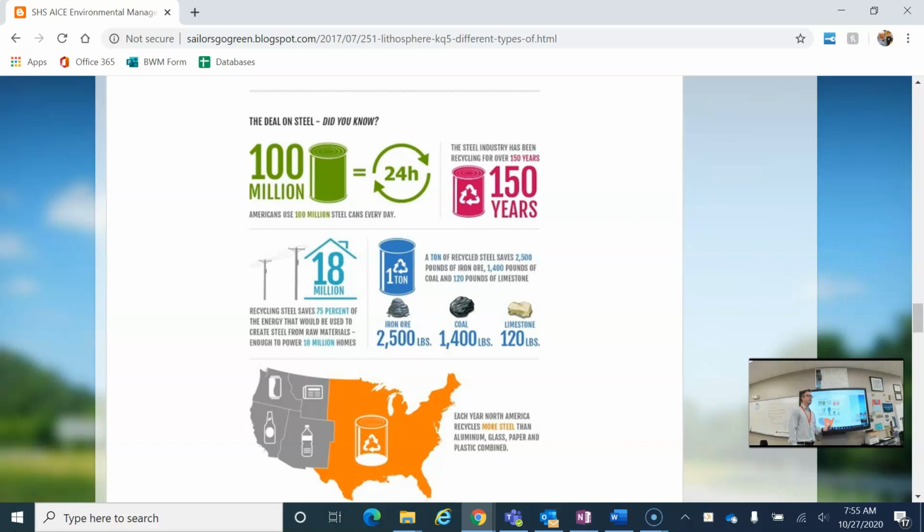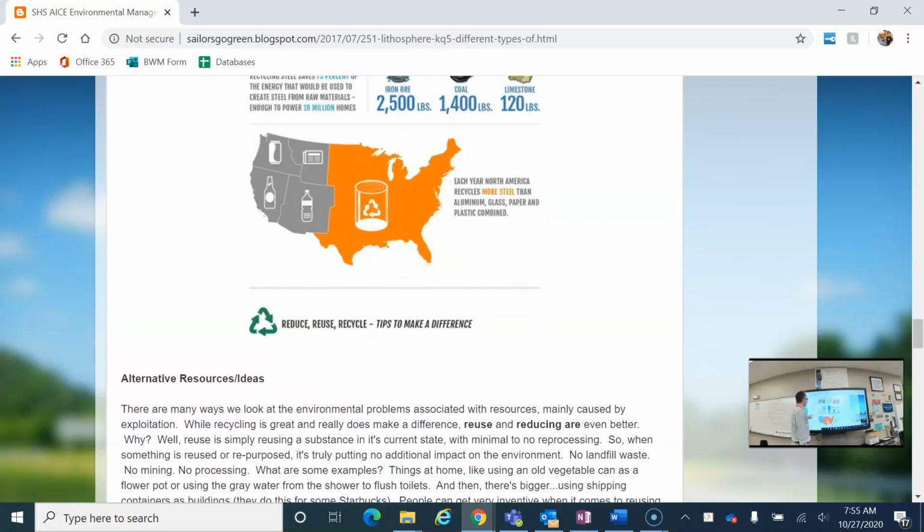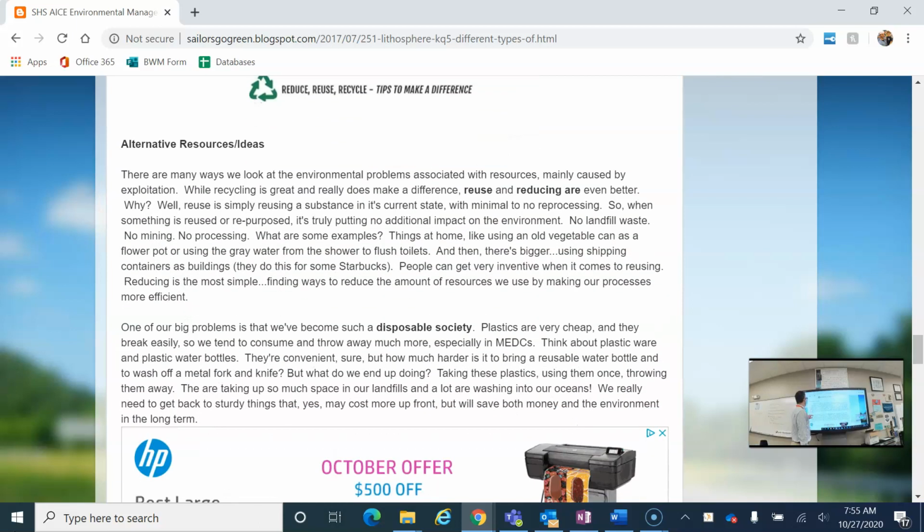But when it comes to resource saving and land saving, it's going to be a huge advantage to do that. There are many different ways to look at the environmental problems associated with resources mainly caused by exploitation of those resources. While recycling is great, it really does make a difference.